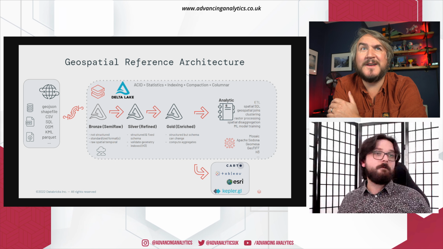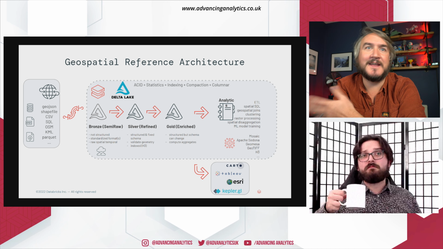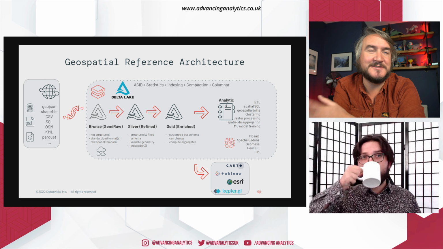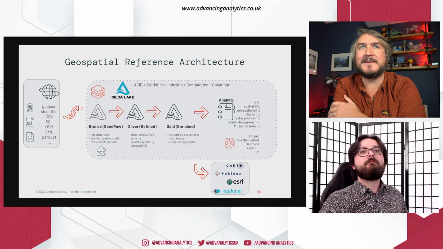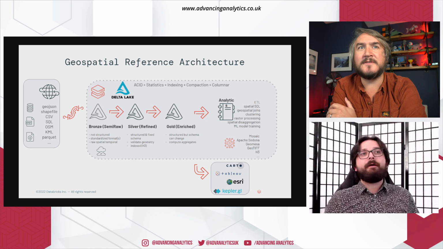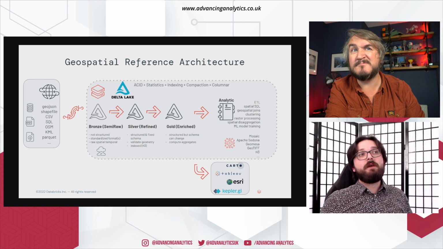Which again makes sense why it just fits in a Lakehouse paradigm. If you can treat it like any other data, you land the data, you do some validation, you shape and curate the data, and then you serve it out. It's no different to any other data type. It's just we've now got some more useful functions and indexes and things we can do on top to make it even better.